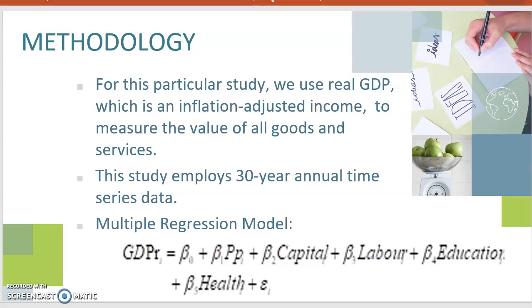As for the multiple regression model, GDP here is affected by the population, by the capital formation, by the labor force participation, and also the government expenditure on education, and also government expenditure on health. So this is the model that is being used in this study.